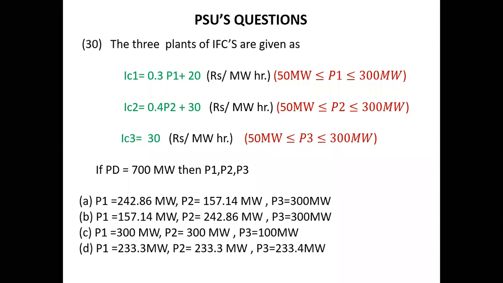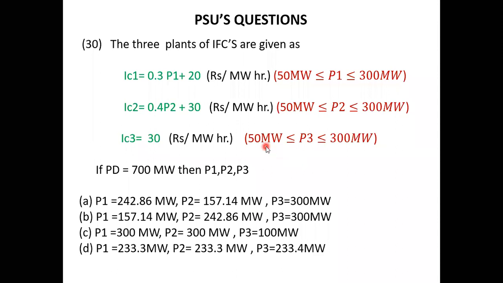So which is preferable? By using your third power plant, if you are generating 50 megawatt, the cost is equal to 30 rupees per megawatt hour. Similarly, even if you are generating 300 megawatt, your cost is nothing but 30 rupees per megawatt hour only. Then which is better?